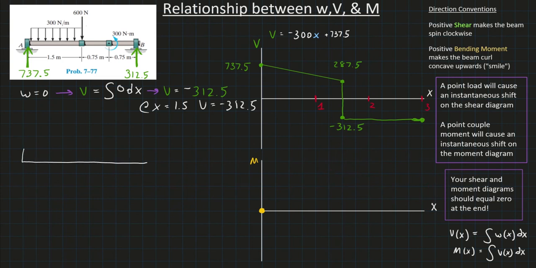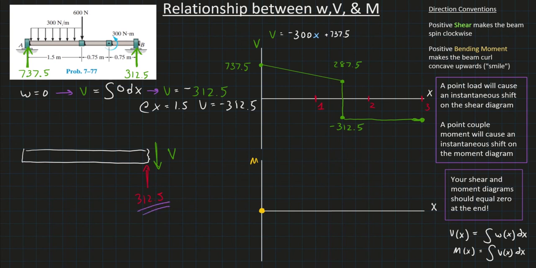So here is my beam, and here's this basically last cut at x is equal to 3. And I have this 312.5 point load at B being applied. So again, we come back to this idea. Here is basically my final V value at x is equal to 3.